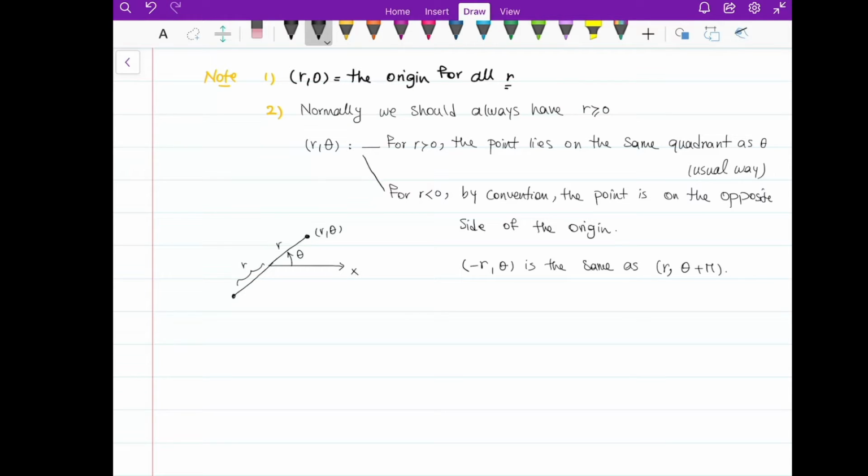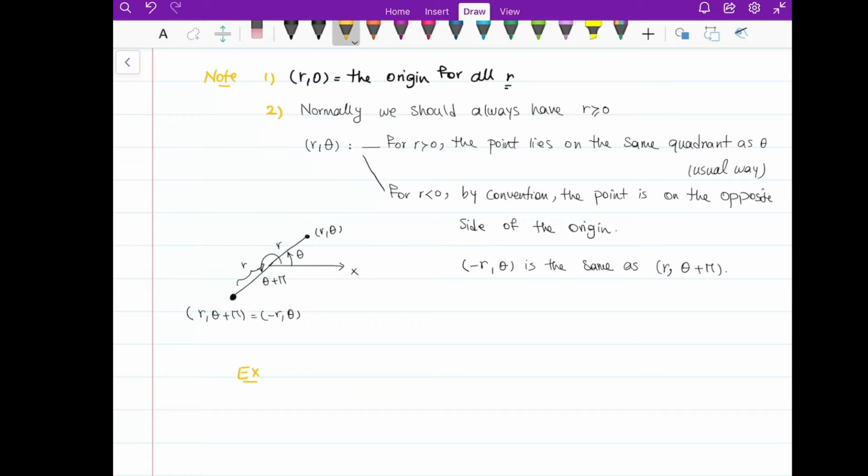This distance is also r, but this angle is theta plus pi. So the point that we have in here is the point r and theta plus pi, which is the point negative r and theta. As you see, the point r and theta is here, the point negative r and theta is here. Let me show you some examples so that it makes more sense.